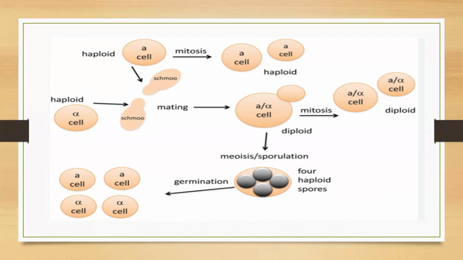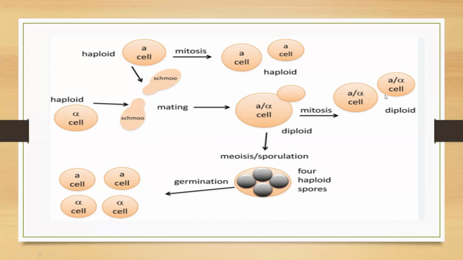Next, the cell division is completed, the cells divided into two cells. This is the A cell, this is the alpha cell. After mating, A slash alpha cell. Okay, both cells are mating. What happened? This is the parent cell, this is the daughter cell. After the mitosis process, it will be completed.